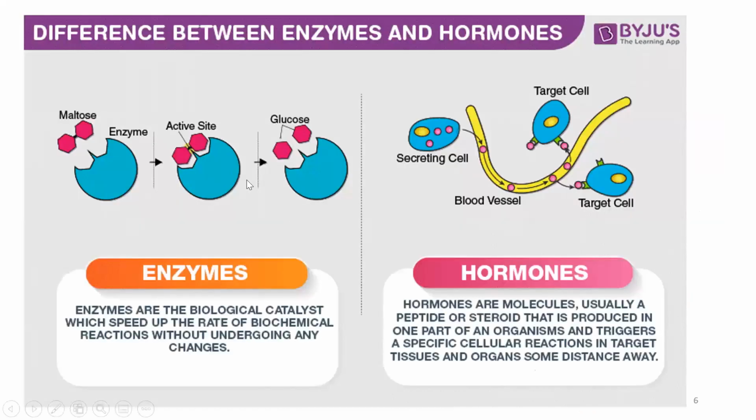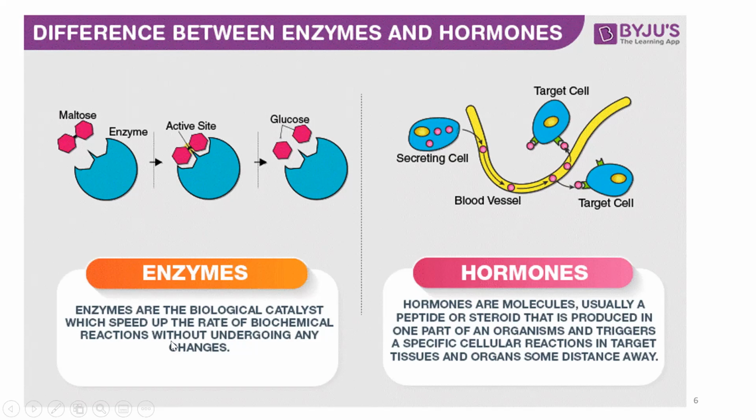Okay, so what is the difference between enzymes and hormones? Very different. Enzymes are right there, they're present, they are active, they are actively interacting with the substrate, and they are acting on the substrate to make product. So we saw this example, especially for activation energy, maltose getting broken into glucose. That's what the enzymes do.